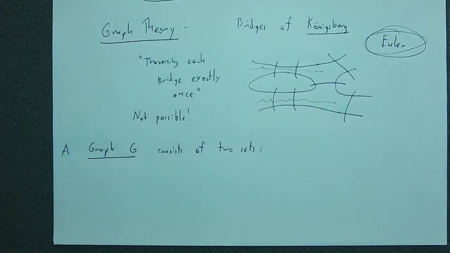And I'm going to go ahead and insert something here. We are going to start out talking about a restricted class of graphs. It's going to be most of our focus.